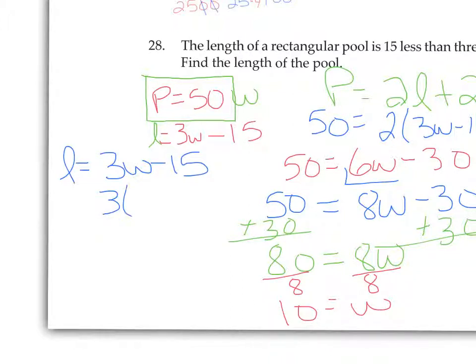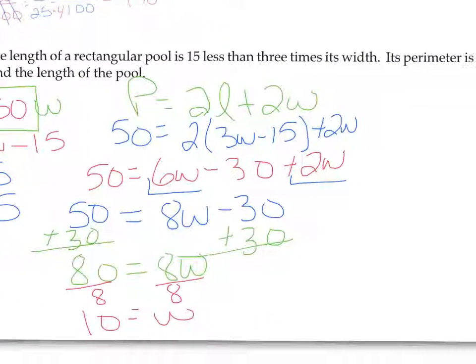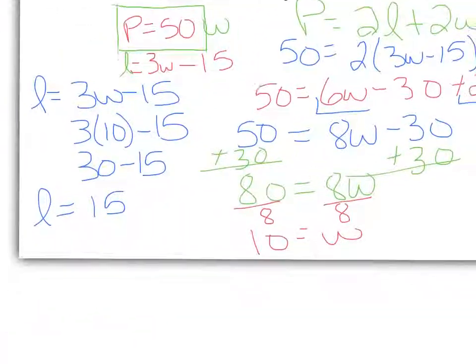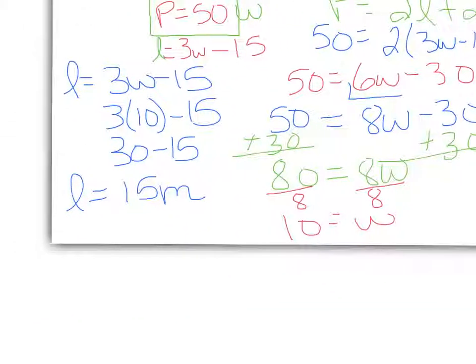So that would be 3 times 10 minus 15, because we figured that 10 equals W. And solve that down. 30 minus 15 is 15. So the length equals 15. What are the units? 15 what? Meters. The length equals 15 meters.